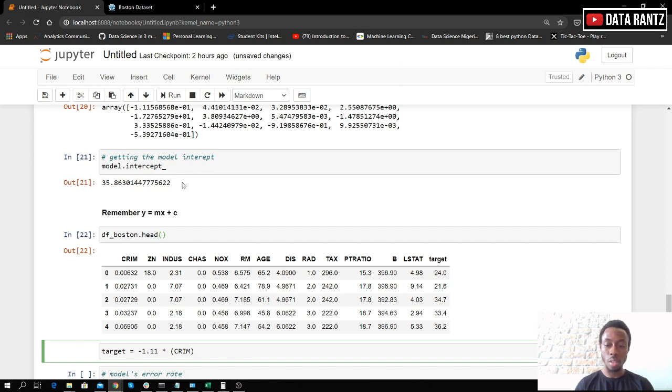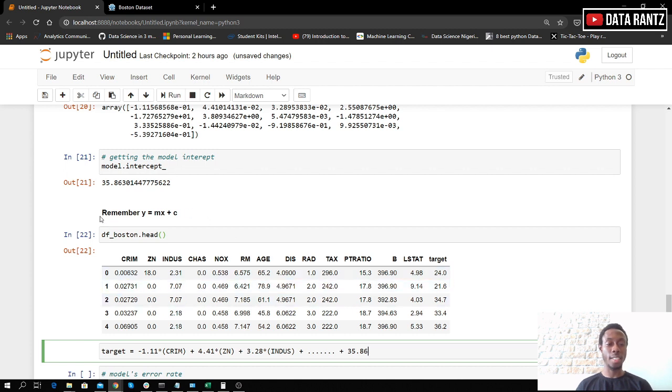Then plus 4.41 times Zn, plus 3.28 times this, and then plus all of that for all the x, then plus your intercept, which in this case is 35.86.